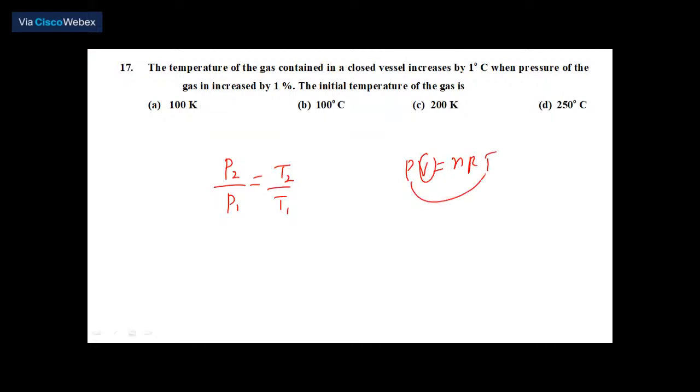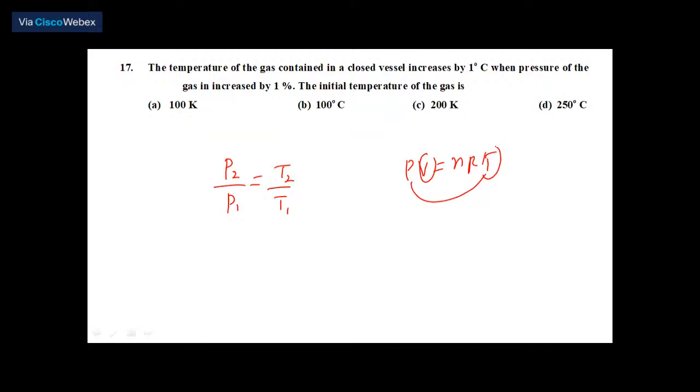That means P by T is a constant, or P1 by T1 is equal to P2 divided by T2, right? Or when temperature is constant, PV is equal to constant, or P is proportional to 1 by V, or P1 V1 is equal to P2 V2. So here P2 divided by P1 is equal to T2 divided by T1. Pressure is increased by 1%.